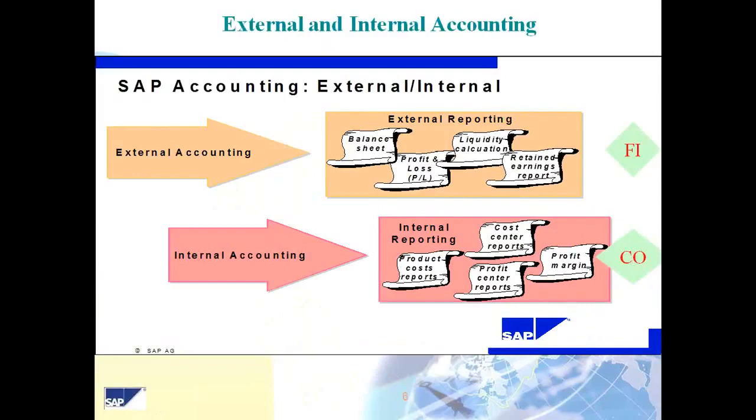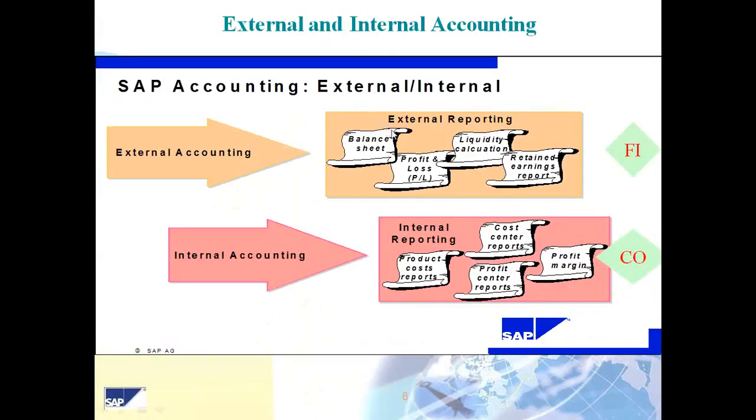To come to FICO in general, the FI, that is the finance department, is required to generate the external accounting, that is external reporting. For example, we need financial statements for income tax people, for the stock exchange, not only in India but across the globe.